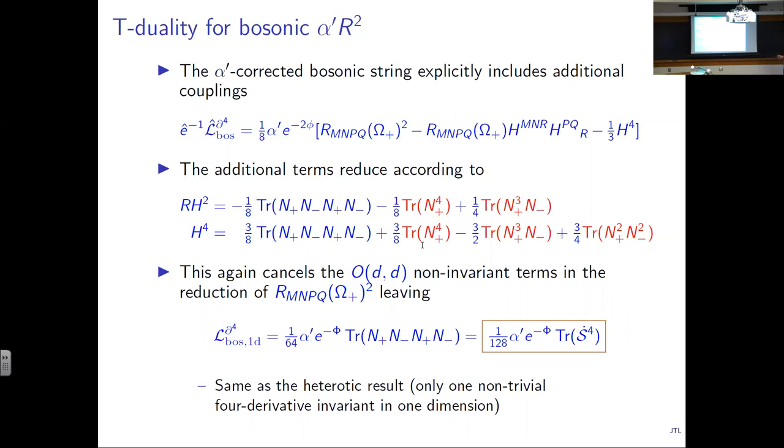There's a factor of 1/3 here. Get rid of the 3 over here. Which means the correction terms taken as the combination are also red only, O(d) breaking only. And again, it precisely cancels the O(d) breaking stuff in R plus squared. And that also leaves a one-dimensional invariant alternating plus minus term.